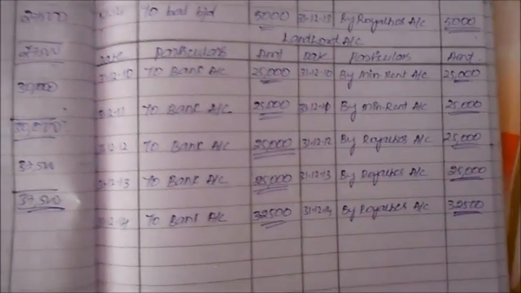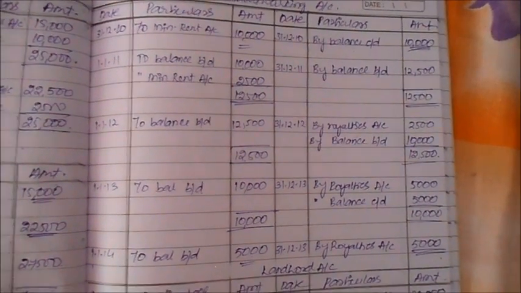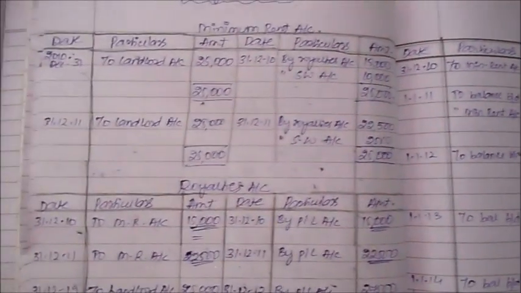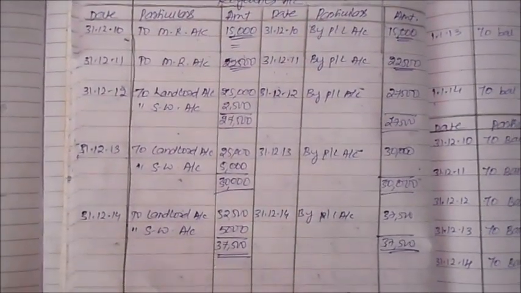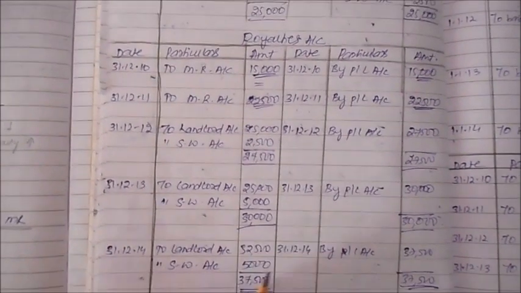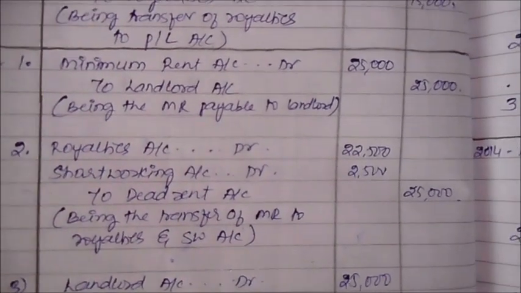Once you are very clear about how exactly journal entries are made, then transferring is an extremely easy task, not difficult at all. It's just about posting the other entry. Let's see the second transaction. It says minimum rent and landlord, so we are maintaining both accounts.